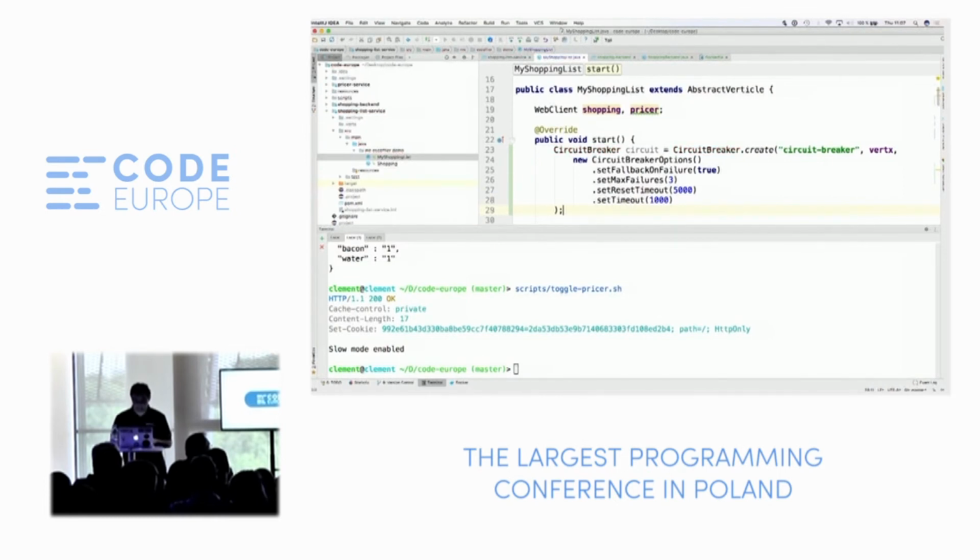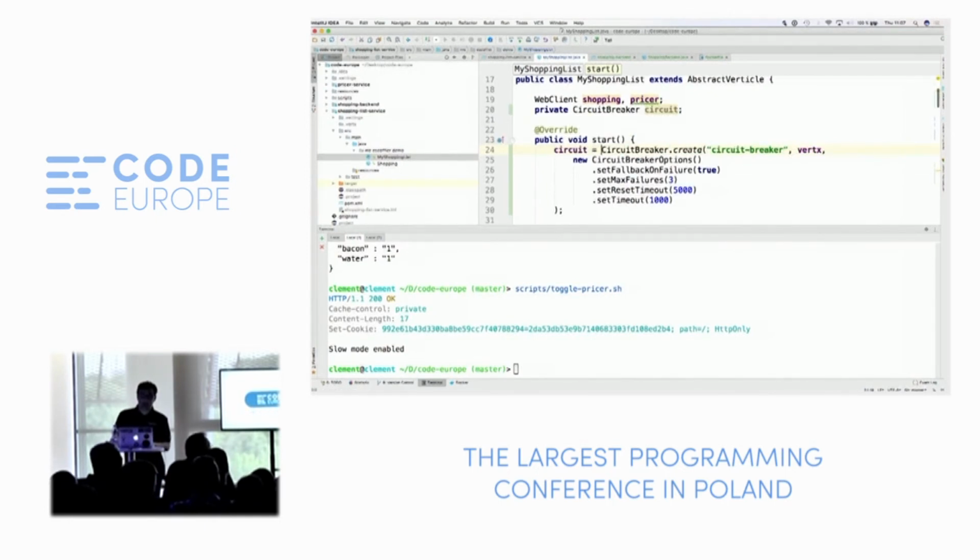And you just configure it with a name, whether or not you call a fallback if there is a failure or a timeout, the number of failures before calling the fallback immediately without calling the service anymore, the time after which you try to call the service to check whether or not it's back on track, and my request timeout.